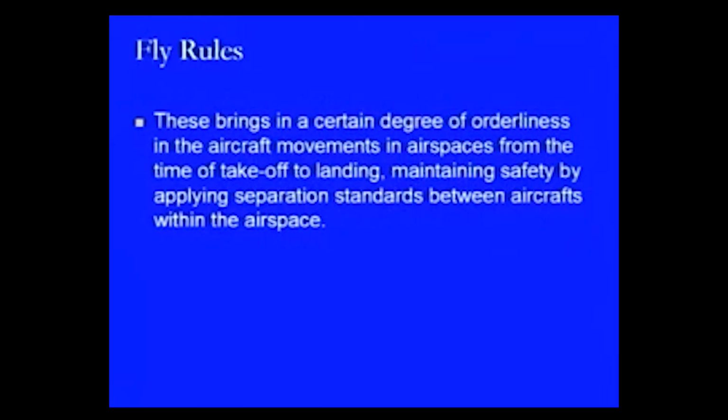Apart from these, another aspect which we will be discussing today is the rules related to the flying of the aircraft. These rules bring in a certain degree of orderliness in the aircraft movement in airspace from the time of takeoff to landing, and they maintain safety by applying separation standards between the aircraft which are moving simultaneously in the airspace.